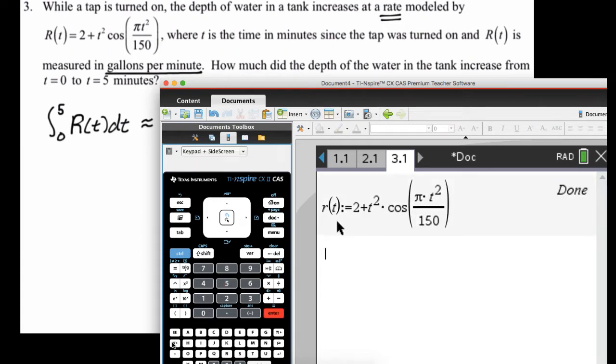Okay, and then I want to do the integral, so that's shift and plus from 0 to 5 of, press var to get your list of functions, which is just R of t and dt, and you probably want to press control enter just in case this is like insane.